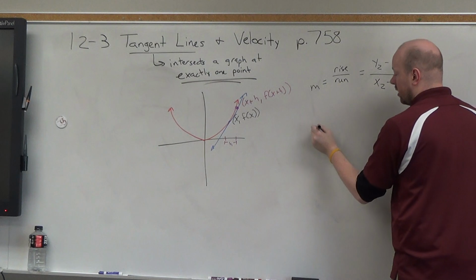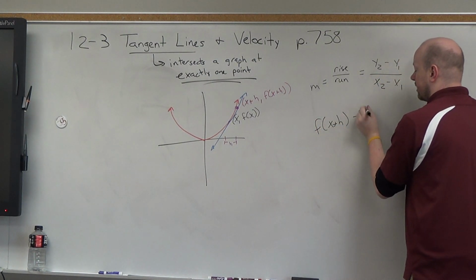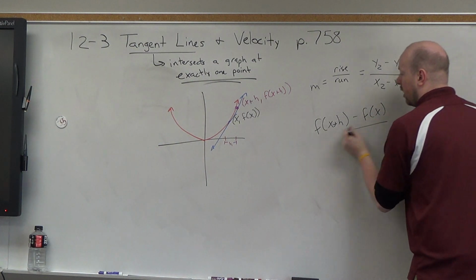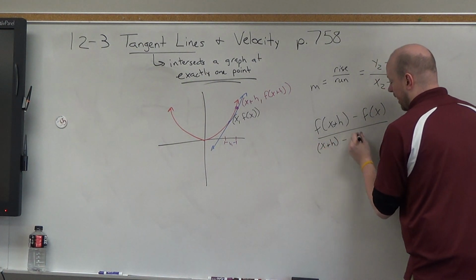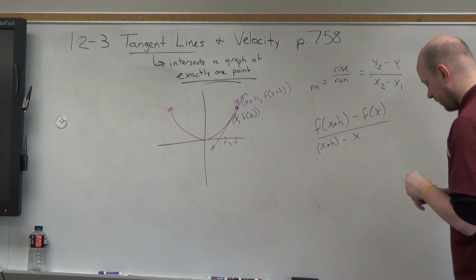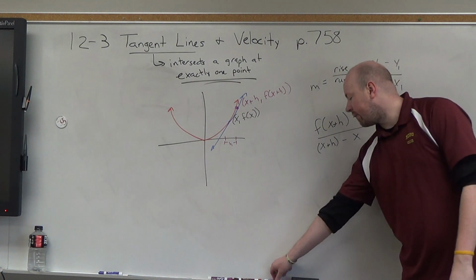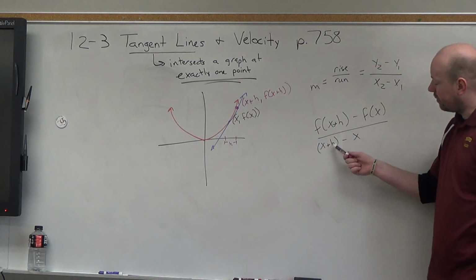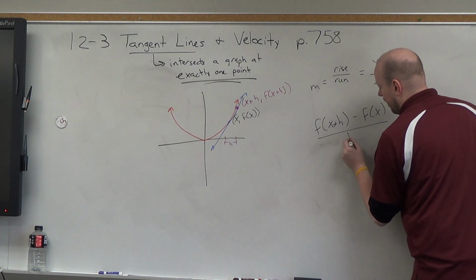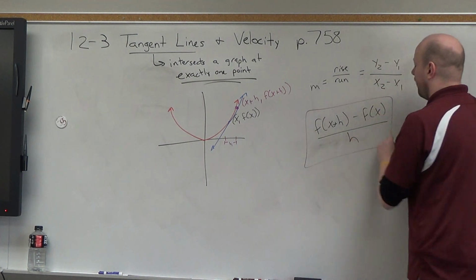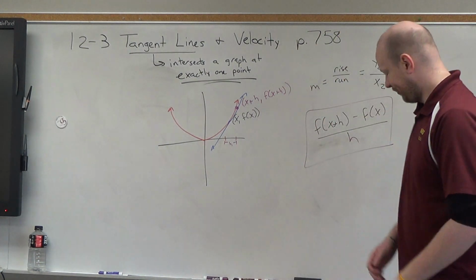So my y2 would be f of x plus h minus f of x all over x plus h minus x. Okay, well my top, I can't really do anything to break that down, but on my bottom I can see that I would get x plus h minus x, so that's just the same thing as h. And this is the slope formula type deal that we use to create these tangent lines.